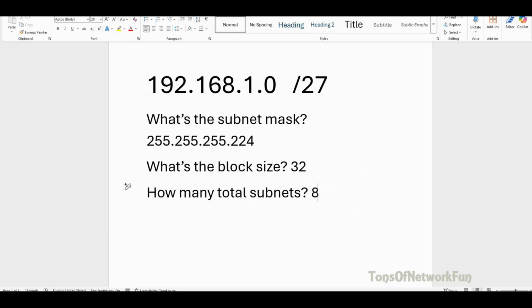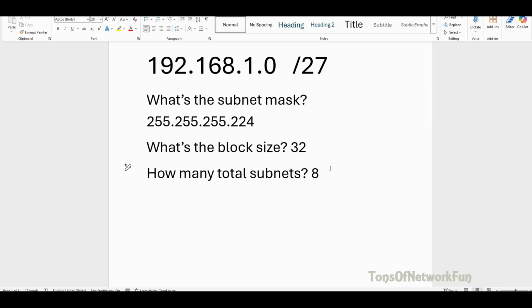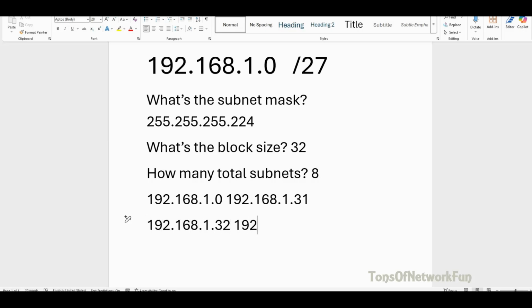The more bits we borrow, the more subnets we get. And they go like this: 192.168.1.0 to 192.168.1.31. 32 is the block size, but 32 minus 1 is 31. Second one starts at 192.168.1.32 to 192.168.1.63.